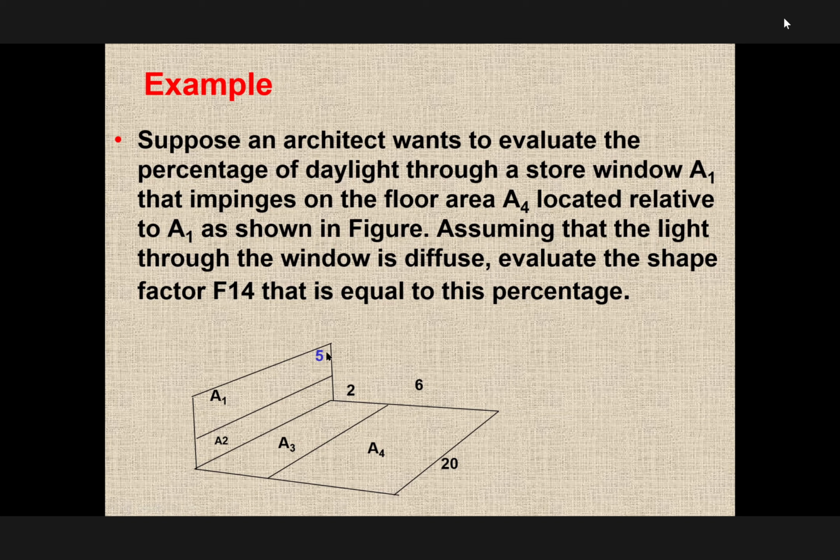Or I can mention the shape factor of this to the whole plate of 6 is equal to the shape factor of this to this: 1 to 3, 1 to 4, 2 to 3, and 2 to 4. Therefore, I can write that as an expression.